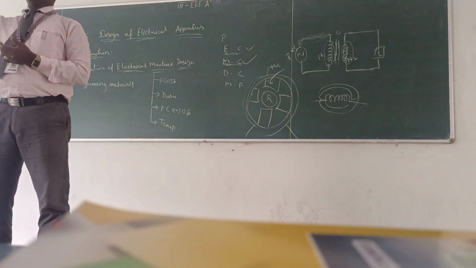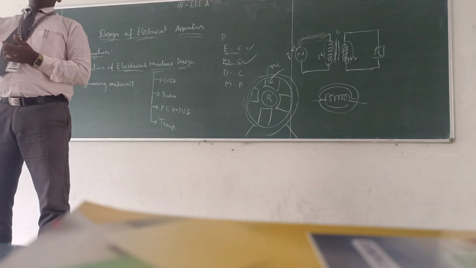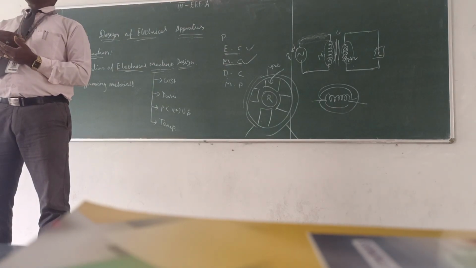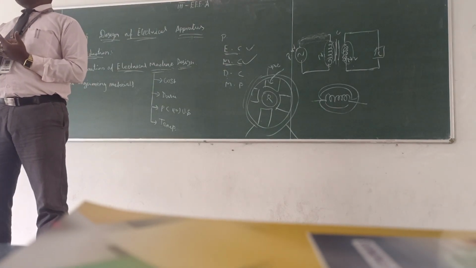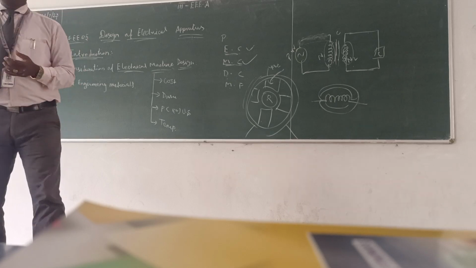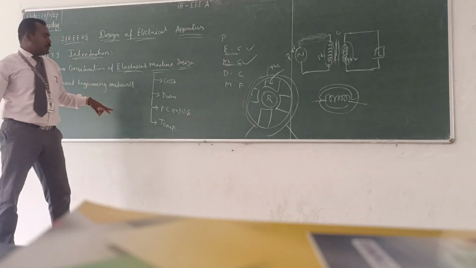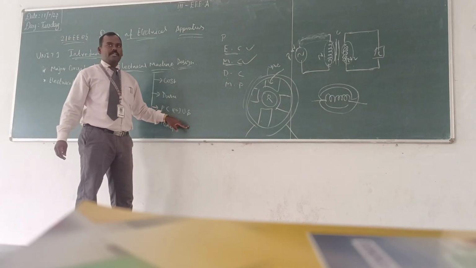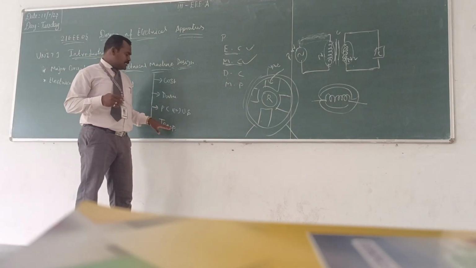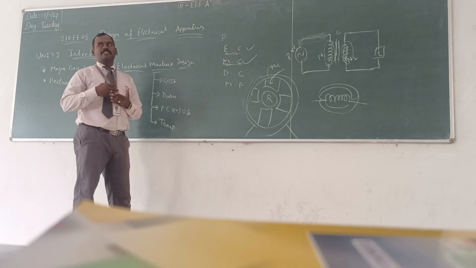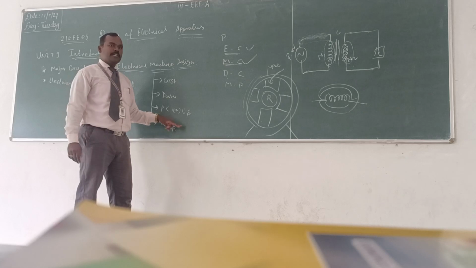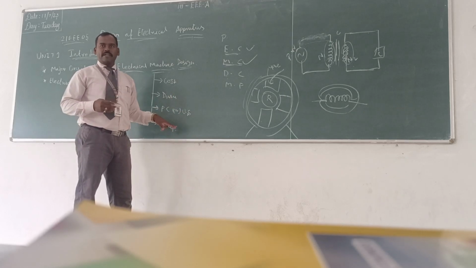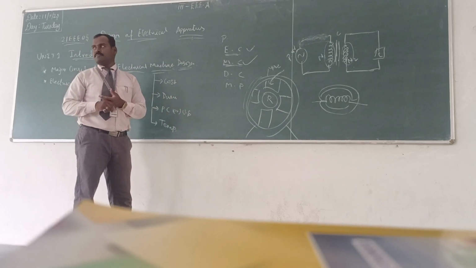If you connect the blade, it becomes the load. So while you add the load, the temperature gradually increases up to the steady state temperature. Based on the load, the temperature also increases up to the rated current. If you operate the machine up to the rated current, the temperature will not keep on increasing. Suppose the temperature keeps on increasing, what will happen? Finally the machine will get damaged.